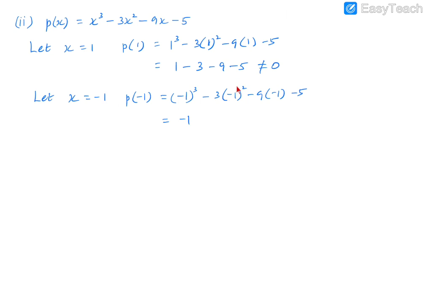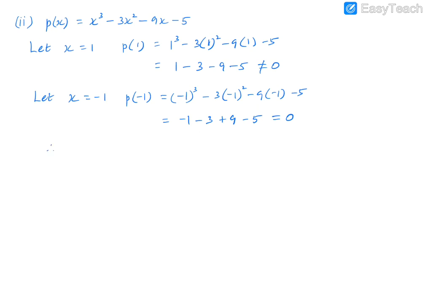Minus 1 square is plus 1, so minus 3 into plus 1 gives us minus 3, and minus 9 into minus 1 will be plus 9, and we have minus 5. Minus 1 minus 3 is minus 4, and minus 4 minus 5 is minus 9, and then we have the plus 9. So minus 9 plus 9 is equal to 0. So x equal to minus 1 is a zero.